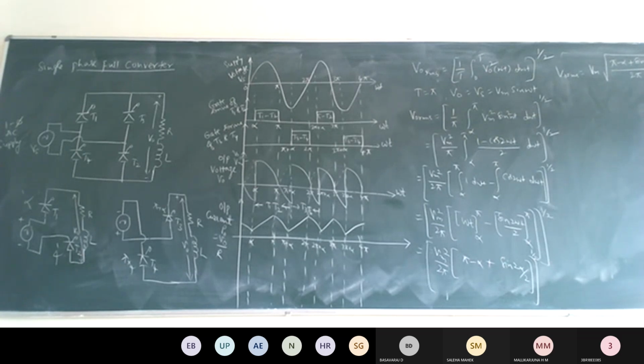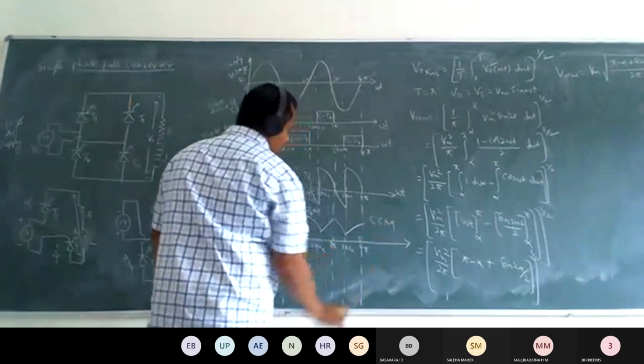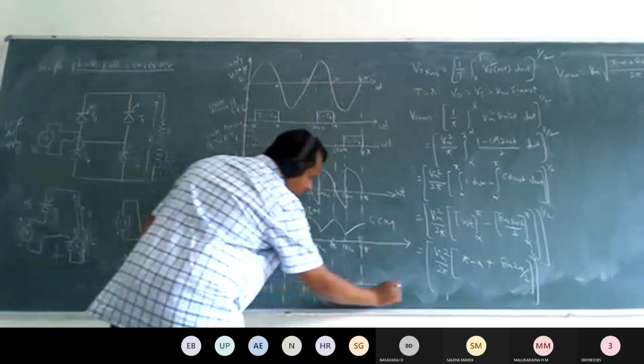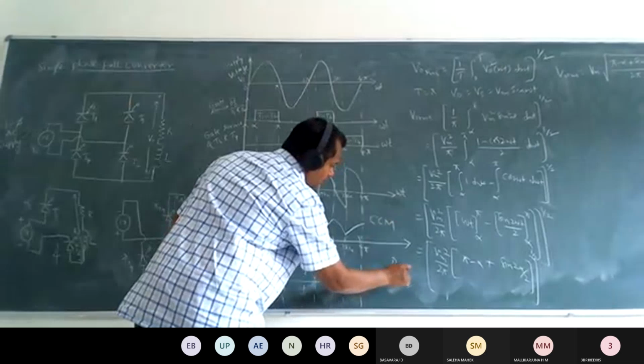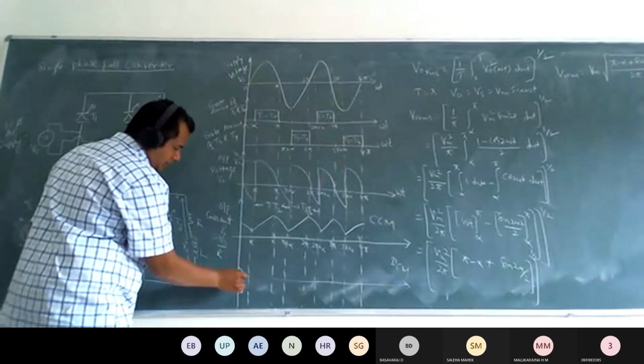This is continuous conduction mode of operation. This current is continuous conduction mode of current, CCM, and similarly in this block also CCM is continuous conduction mode. The waveform will be like this.